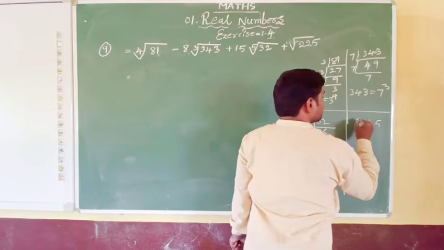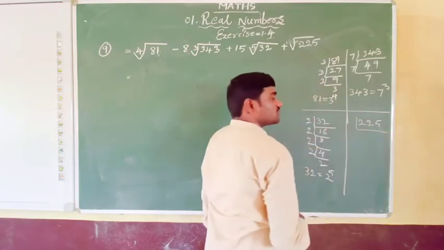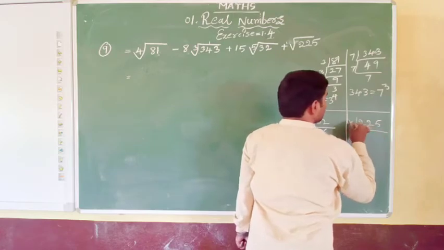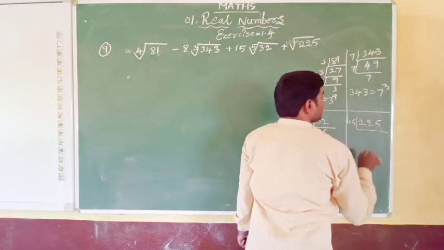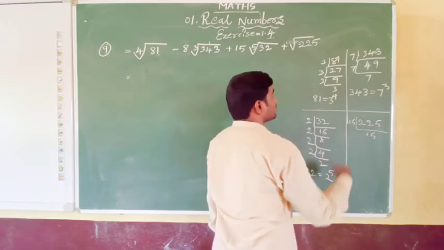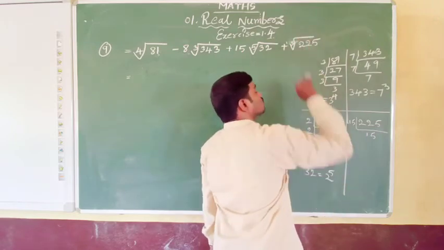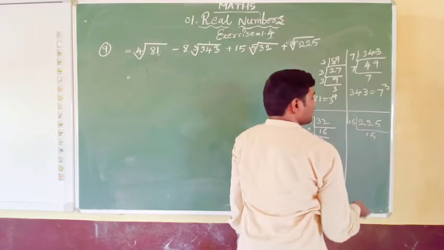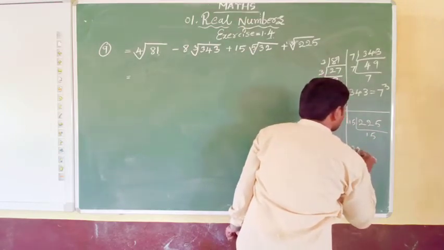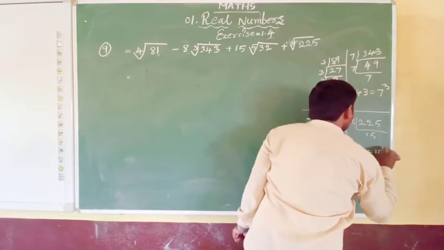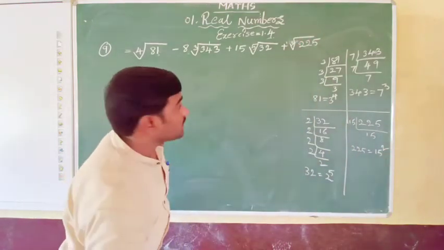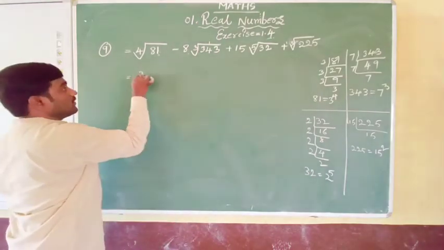It is 15 square, because 15 times 15 is 225. Since here there is a square root, we write it in the same way. So 225 is equal to 15 square. We need to change all of these into nth powers.